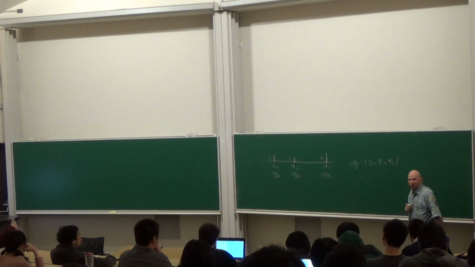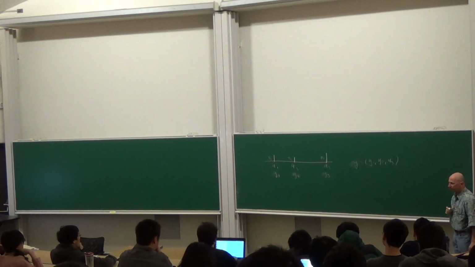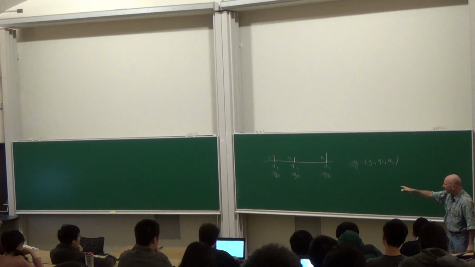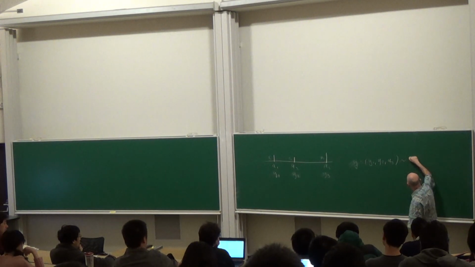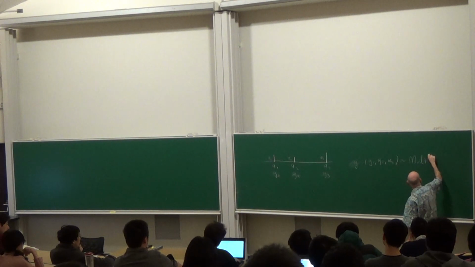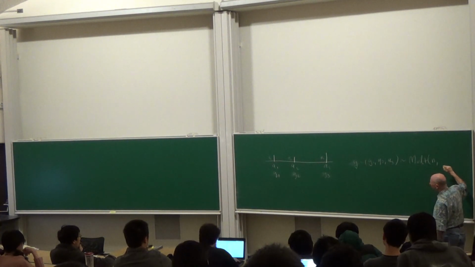What is the distribution of Y1, Y2, Y3? Well, that's the number of A1s, A2s, and A3s. Yeah, it's multinomial, with the probability vector pi.